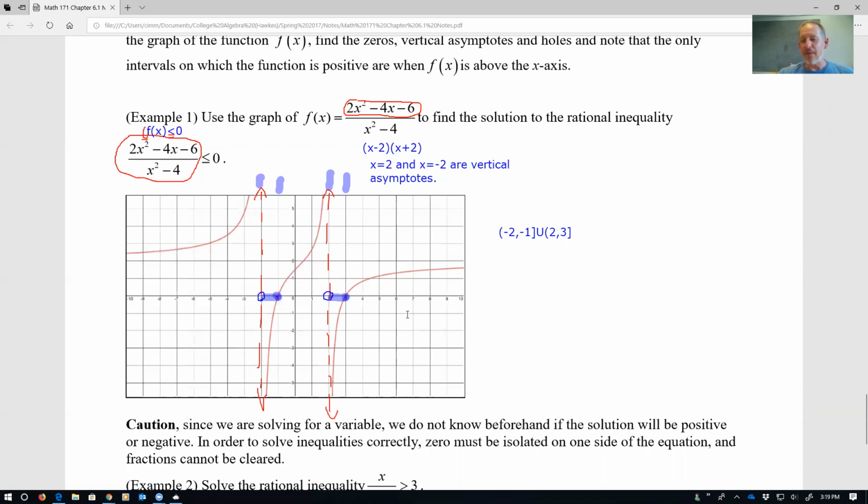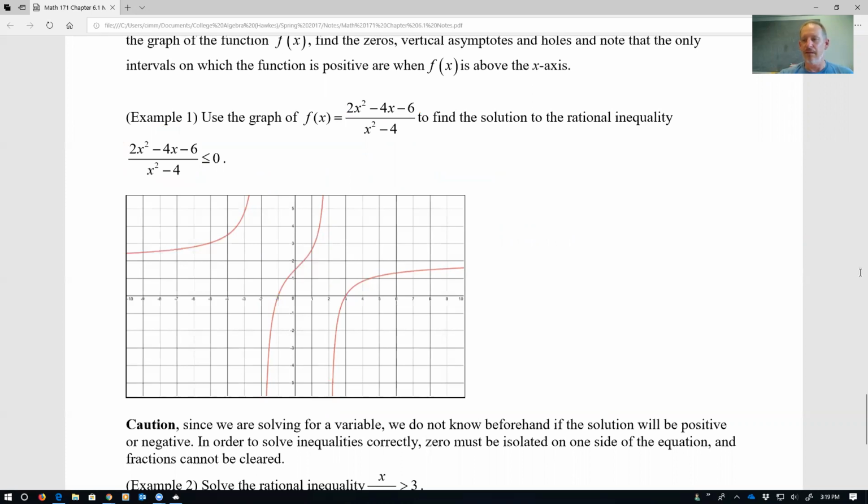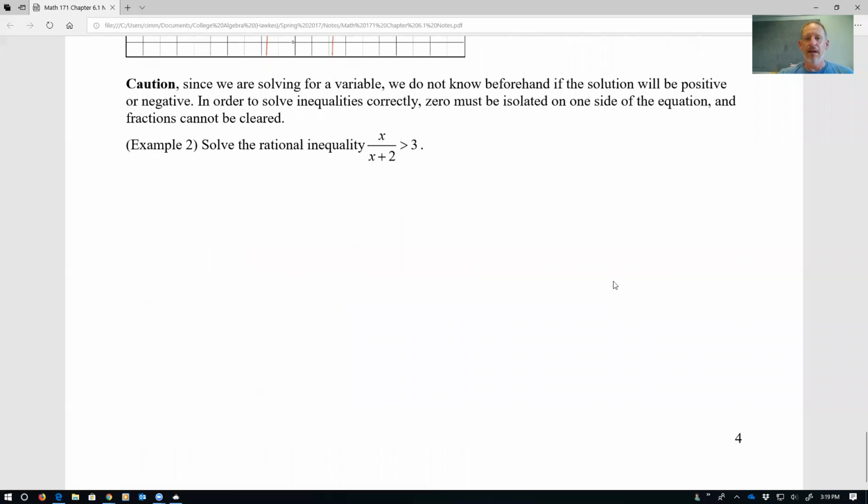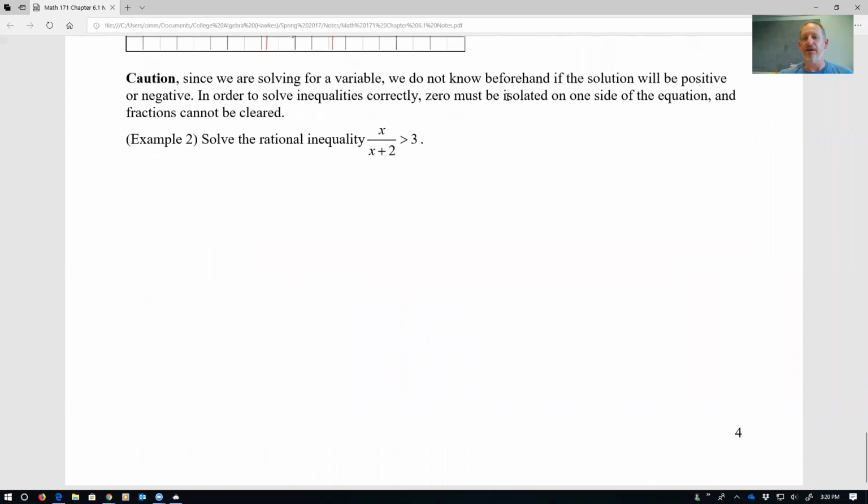So now let's see how we do one where we don't use the graph. So I'm going to clear this out, go down. And note on this one, it says caution. Since we're solving for a variable, we don't know beforehand if the solution will be positive or negative.